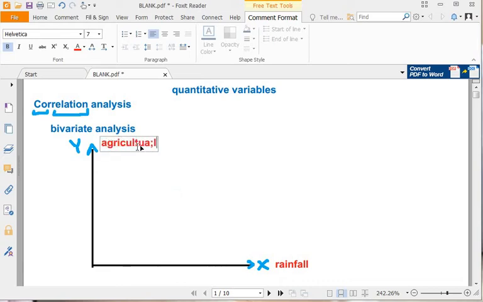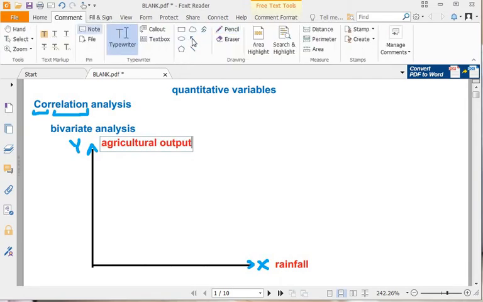Now we know that agricultural output is heavily dependent on rainfall. Specifically in India, it's a very rain-based, temperature-based and climate-based agriculture system.